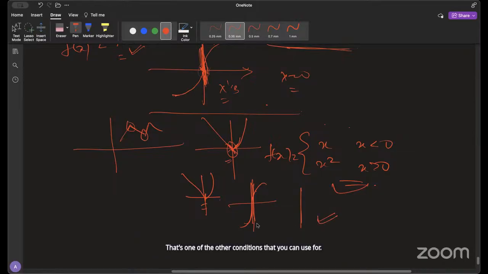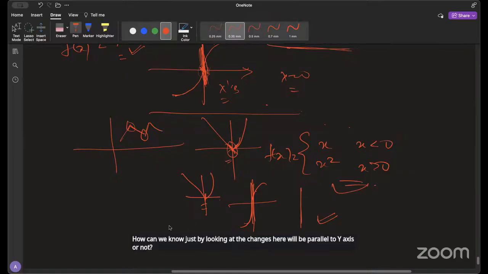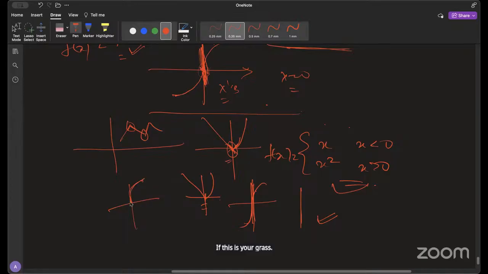How can we know just by looking at the graph whether the tangent will be parallel to the y-axis or not? If this is your graph, what do you think the tangent is? Do you know how to draw tangents? The tangent is dy by dx of the function at that point.